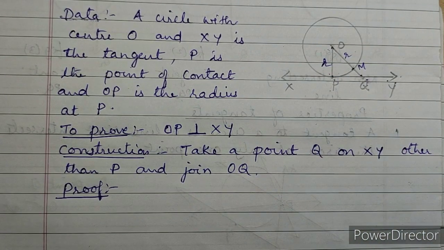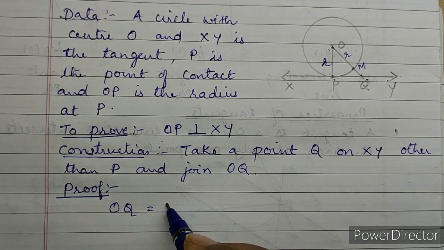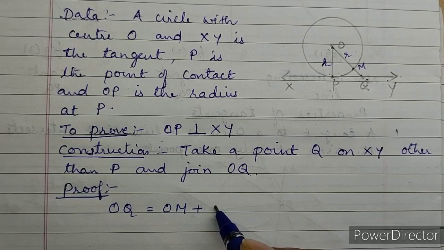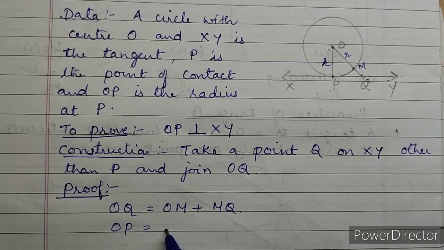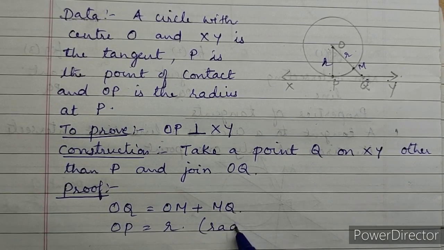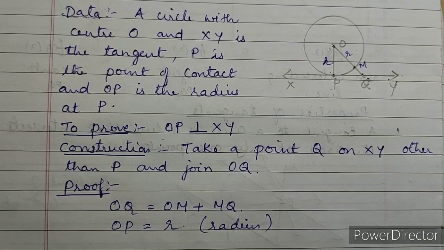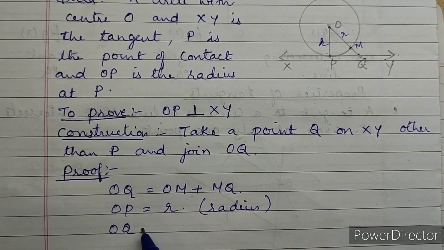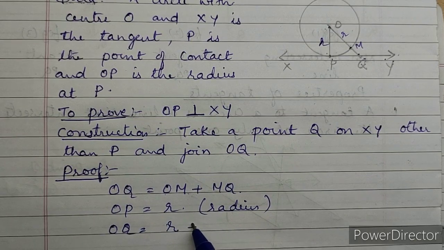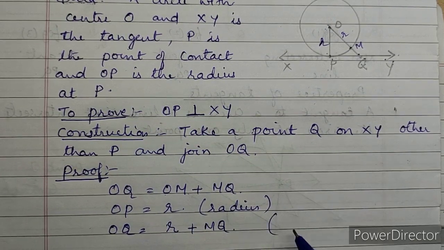So that is the main thing here. We'll just write it off there. There is no reason statement and all, directly you can write OQ equals OM plus MQ. OP equals R, radius of the circle. Now OQ equals OM, OM also is R only, plus MQ. MQ measurement you don't know.